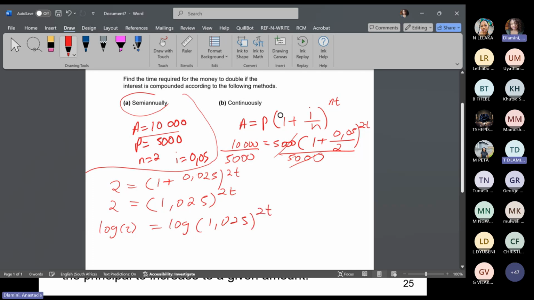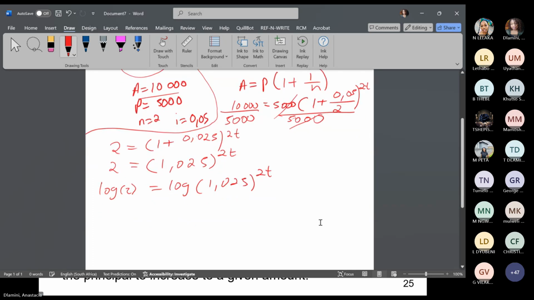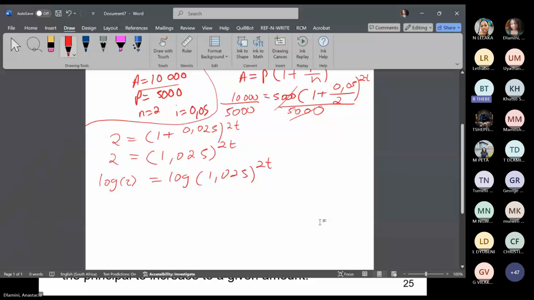Bring down the 2T. Remember, A equals B is the same as B equals A. So I can take this to the other side and write log of 1.025 to the power of 2T is equal to log of 2.